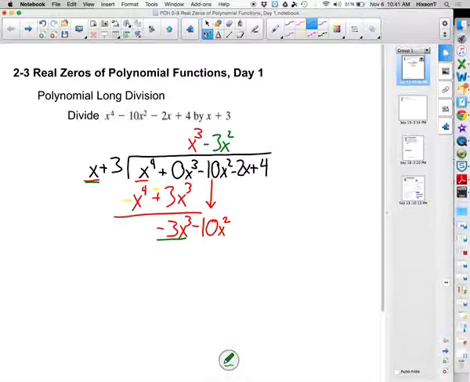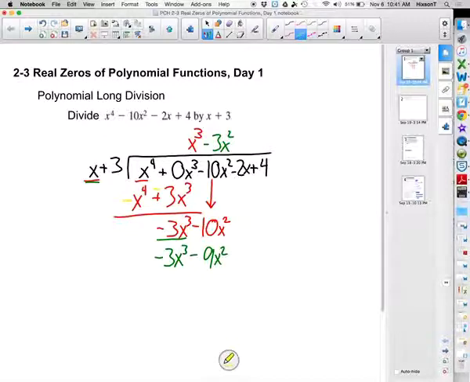So, again, we multiply. Negative 3x squared times x is a minus 3x cubed. Negative 3x squared times 3 is a minus 9x squared. Okay? And what do we do with that? We subtract it.